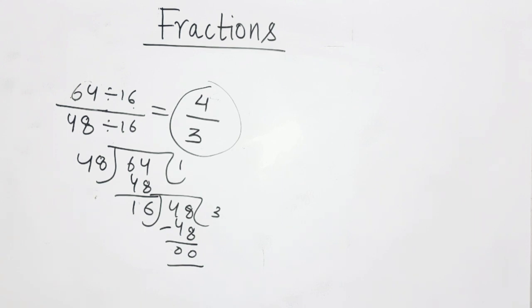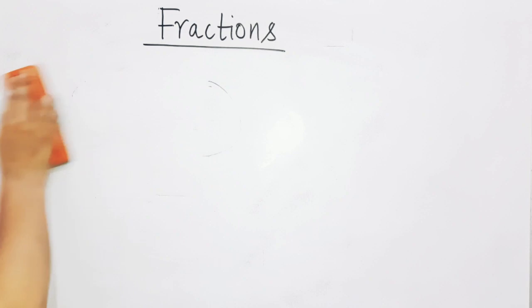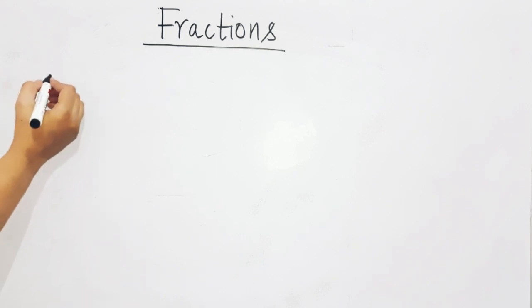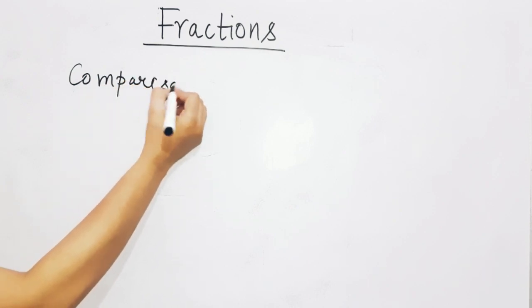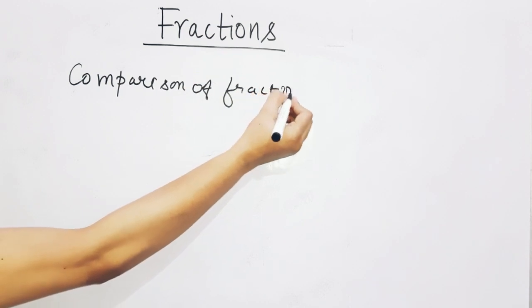Now coming to the comparison of fractions, which I was explaining yesterday. How do we compare the fractions? You have studied this in class 4 also, right? So the first comparison which I am going to explain is, firstly let me write the heading, comparison of fractions.